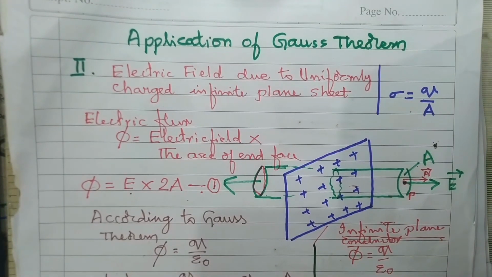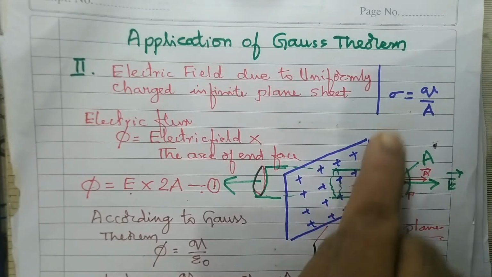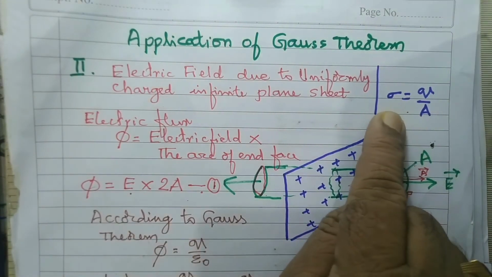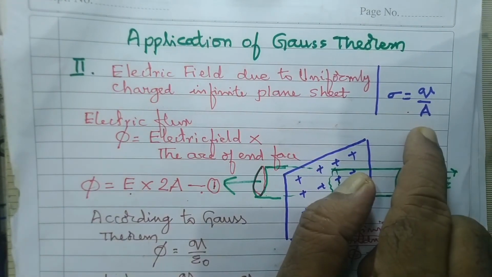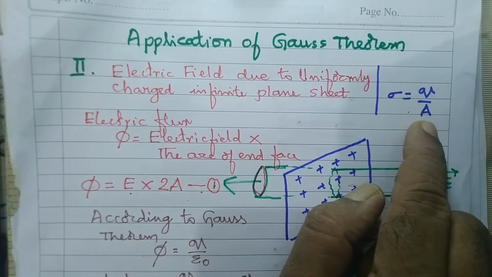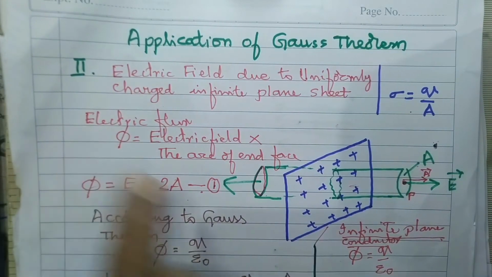Here, case 2: this is the electric field due to a uniformly charged infinite plane sheet. This plane sheet is having sigma, the surface charge density, whose unit is coulomb per meter square, that is coulomb meter minus 2. We are starting with the first diagram.